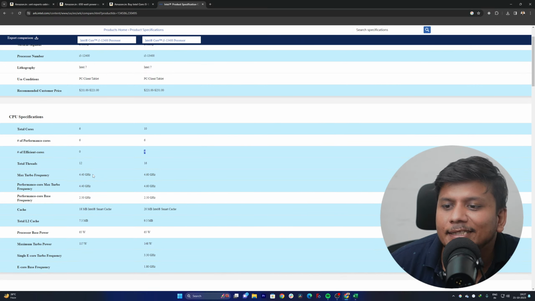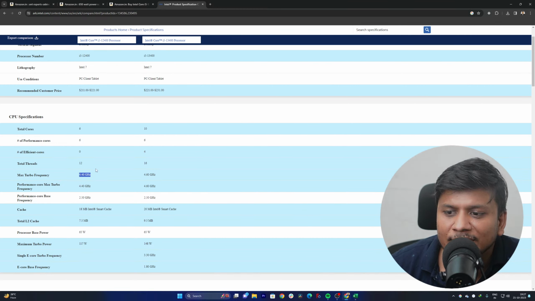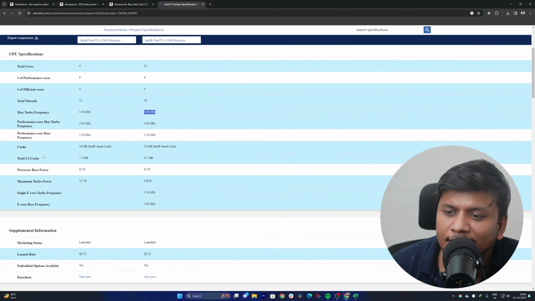Yes, but here is the difference. The max turbo frequency for the 12th generation is 4.4 gigahertz. And don't go by these core counts, because I believe either these cores will work or these cores will work. They're not going to work together. So here we can see the max turbo frequency is 4.4 gigahertz, and here it's 4.6 gigahertz.